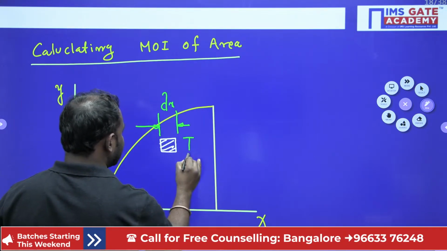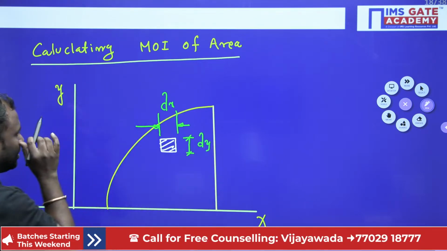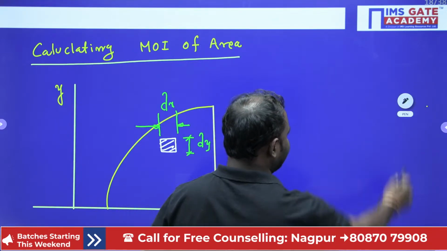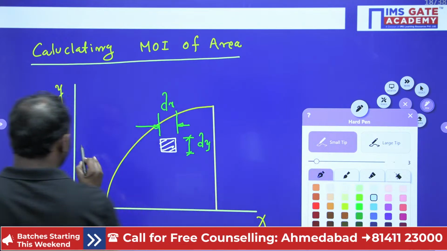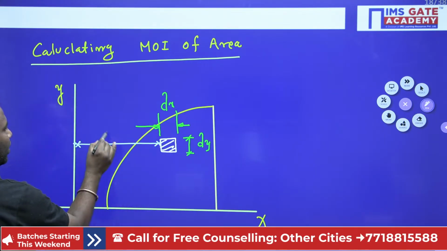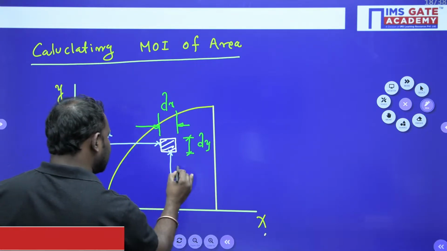Now this is say dy, isn't it? Now how far is this elemental strip from here? It is located at an x and a y distance.